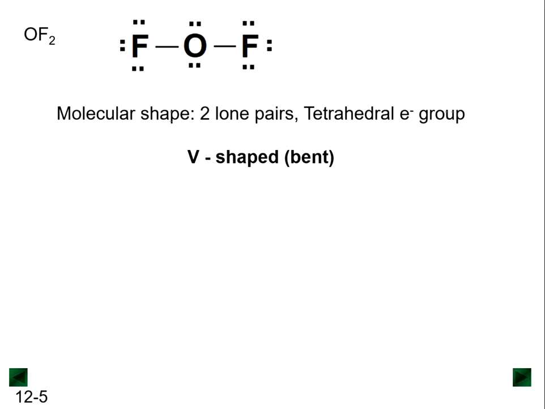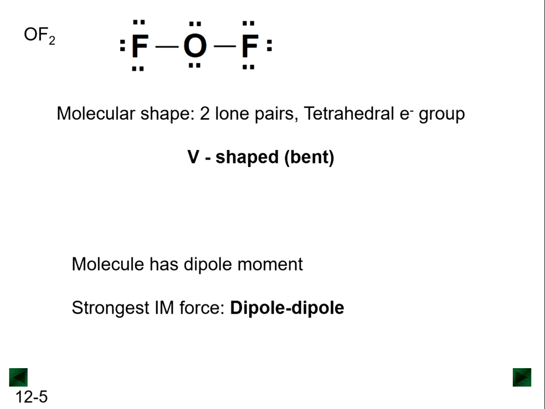As we go to think about the strongest intermolecular force, we can first look at the strongest force, ion-dipole, and of course there are no ions here. It's a pure sample of a covalent compound. There's no hydrogen bonding because there are no hydrogen atoms. The next strongest force is the dipole force, and we see in this case the molecule does have a dipole moment.